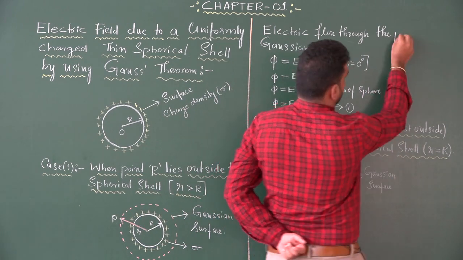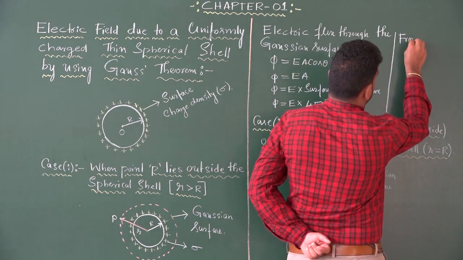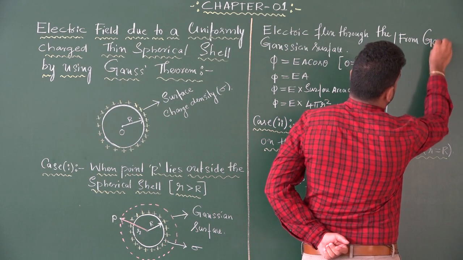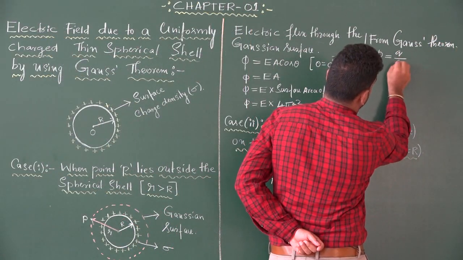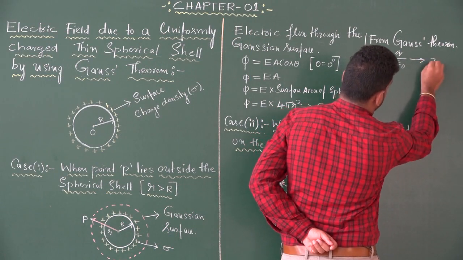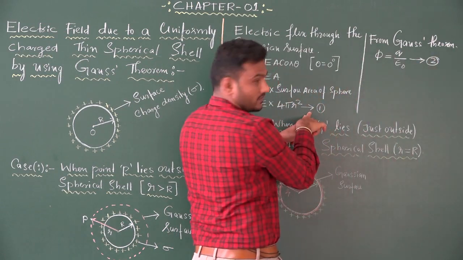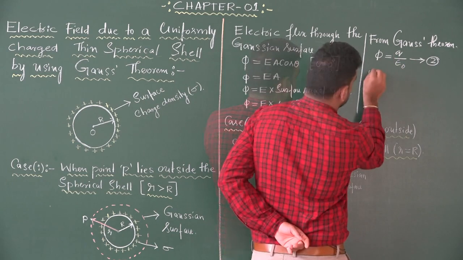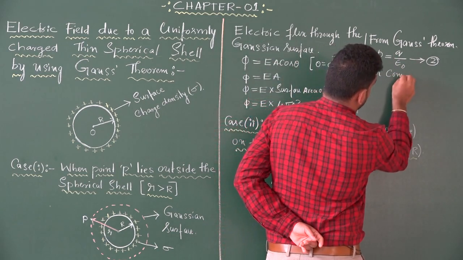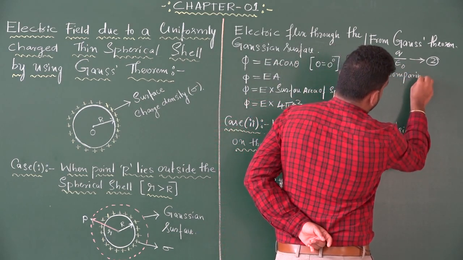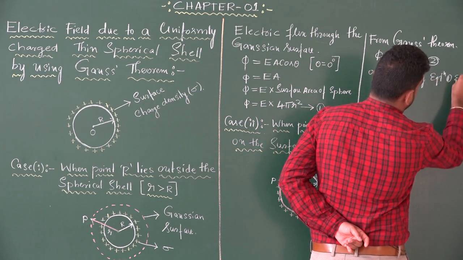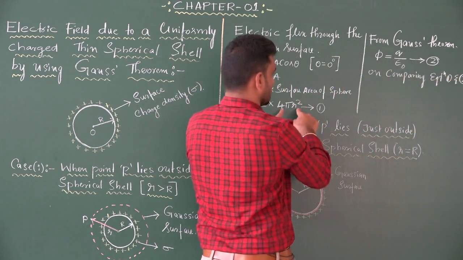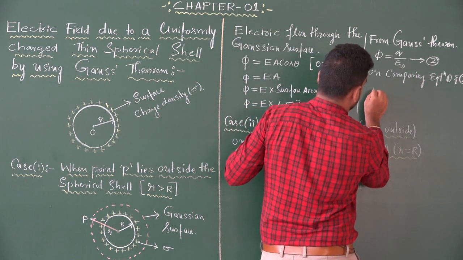Then from Gauss theorem, we know the equation phi is equal to Q divided by epsilon naught. Equation number 2. Now we have equation number 1 and equation number 2. On comparing equations 1 and 2, what will you get?